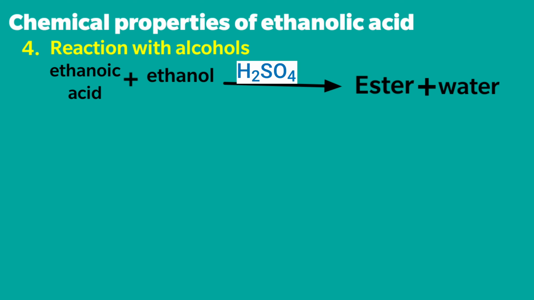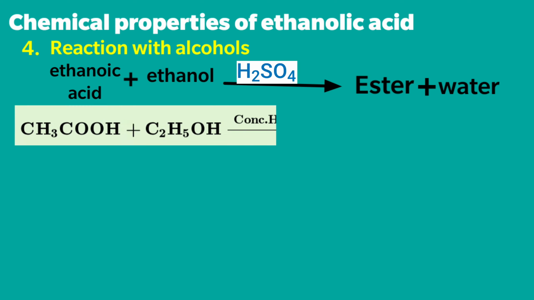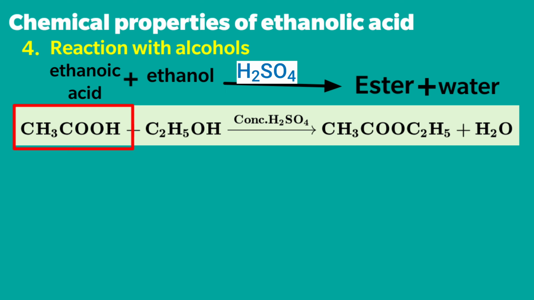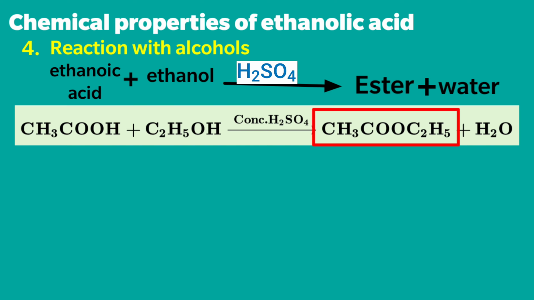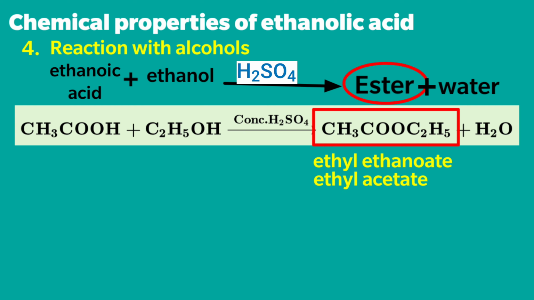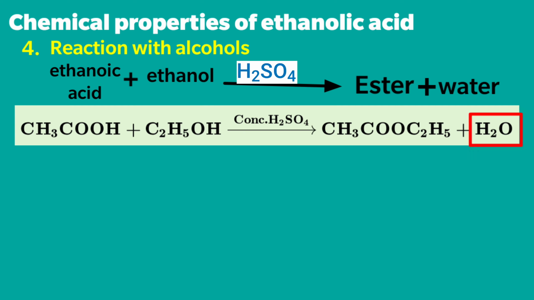We can write this equation: CH3COOH, this is ethanoic acid and acetic acid, plus C2H5OH, this is ethanol, and we can also call ethyl alcohol, gives CH3COOC2H5, this is ethyl ethanoate. It is also called ethyl acetate and ester, plus H2O.